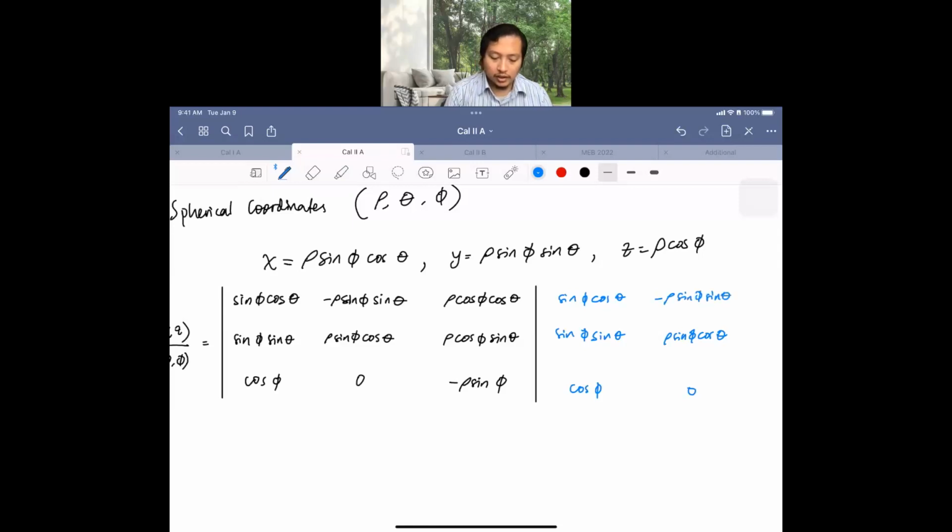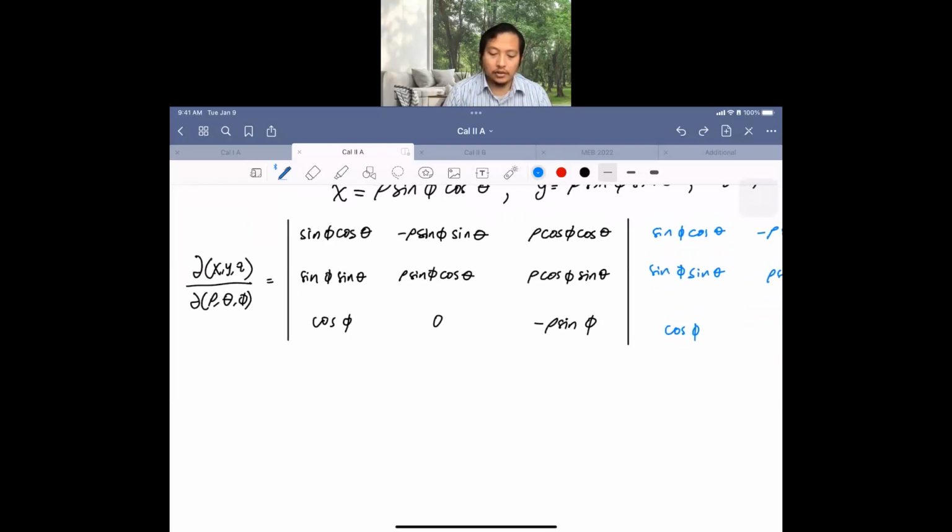We could do these cross multiply calculations, but I would like to use the normal way of computing the determinant.